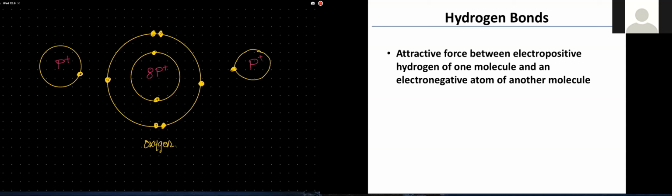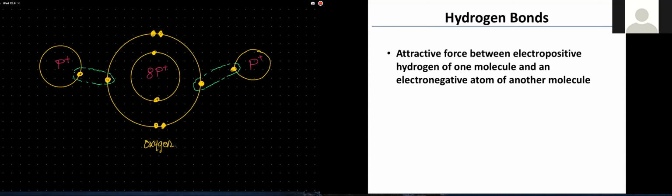So the oxygen will make a deal with this hydrogen. I will be sharing 1 pair of electrons with this hydrogen and 1 pair of electrons with another hydrogen.